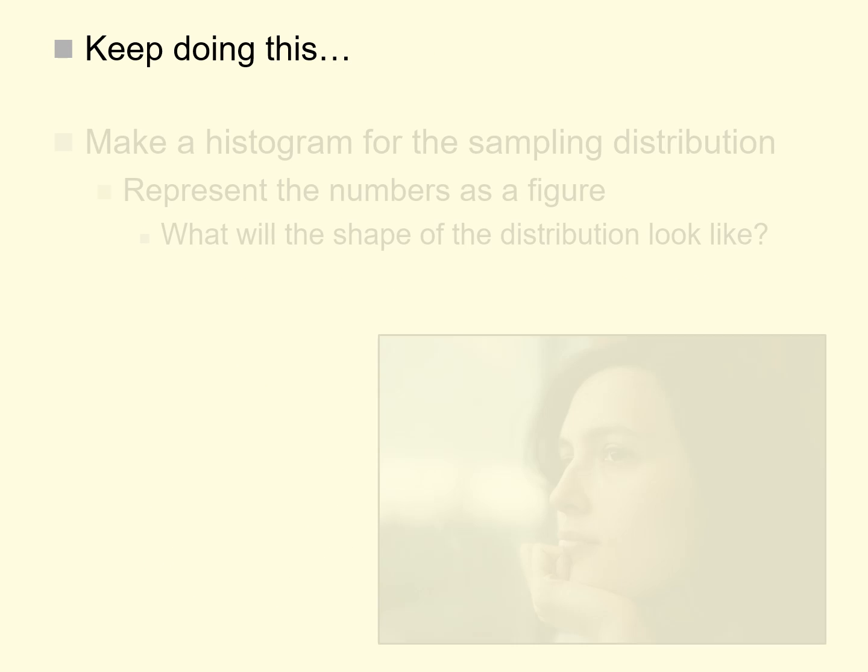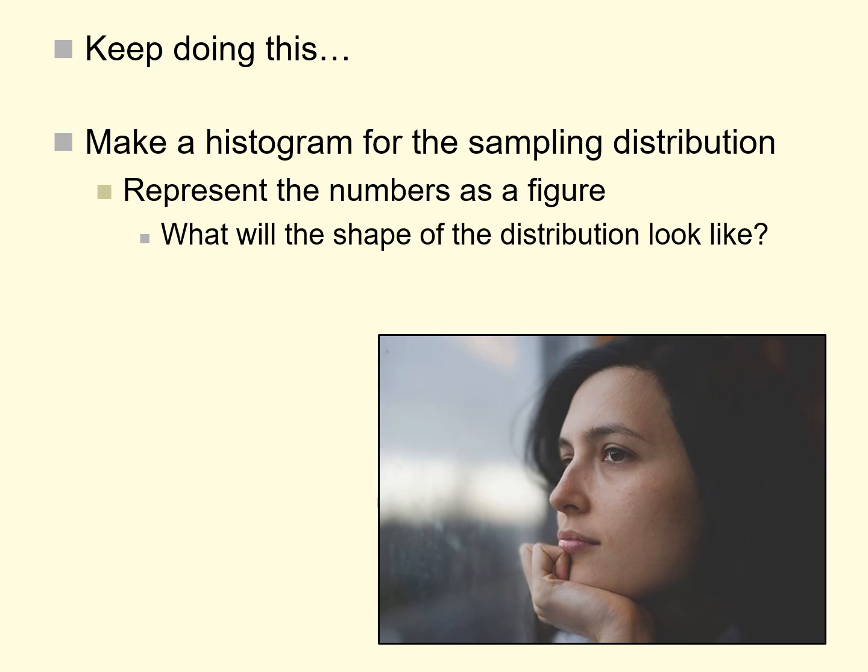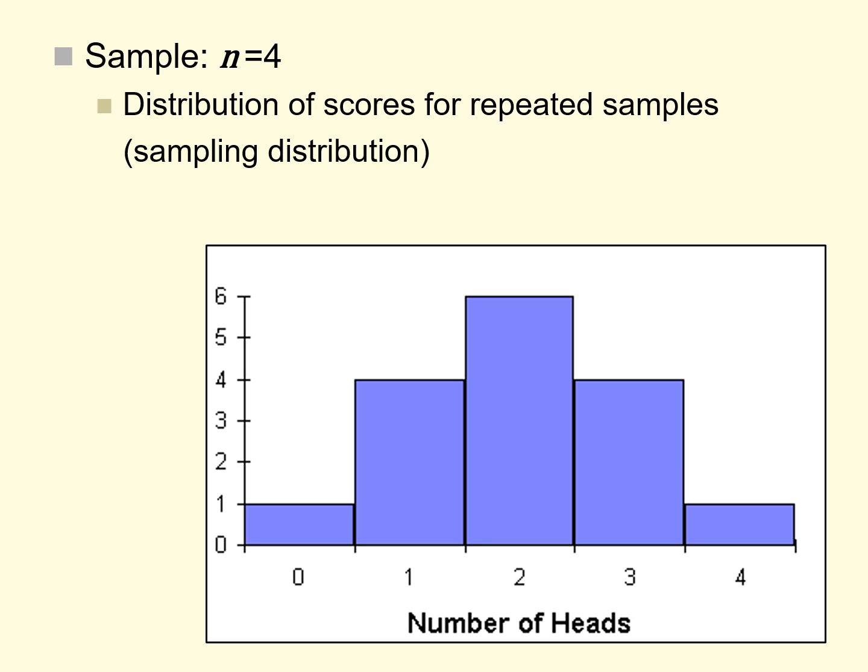So we keep doing this, and we make a histogram for the sampling distribution, which is we just represent that frequency table pictographically. What's the shape of that distribution going to look like? Well, you could do this by hand, literally flipping a coin with your hands, or there's easy software that will do this for you.